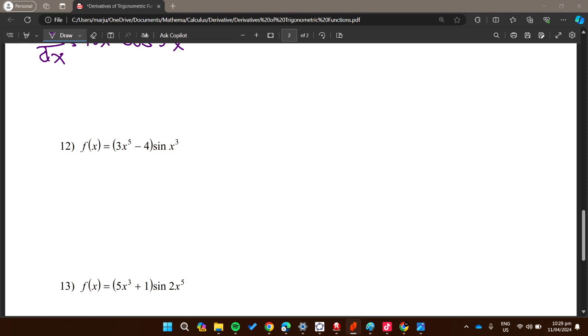Yeah, product. Three cos cube. 3 cos cube. Parang hindi 3x power. 5 minus 4. Gamit kayo ng product rule. Kasi dalawa na yan, no?